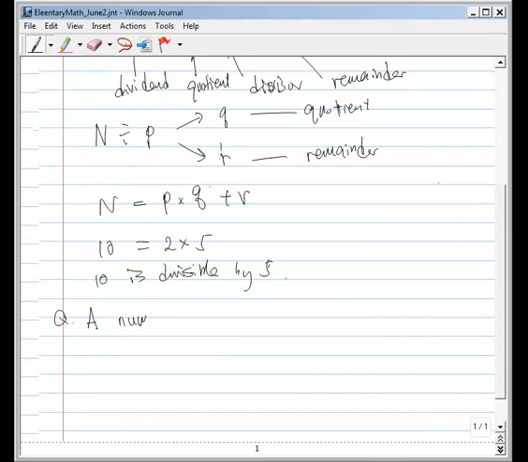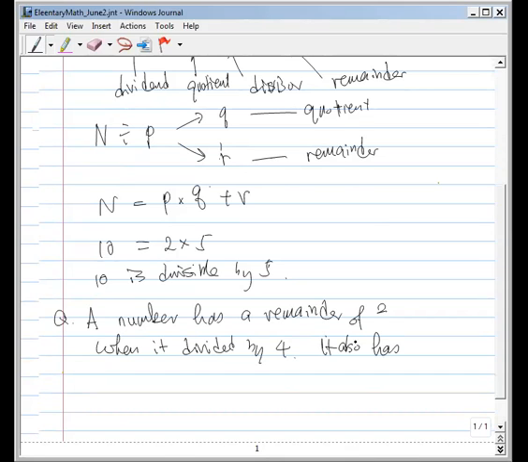A number has a remainder of 2 when it is divided by 4, and it also has a remainder of 2 when it is divided by 6.